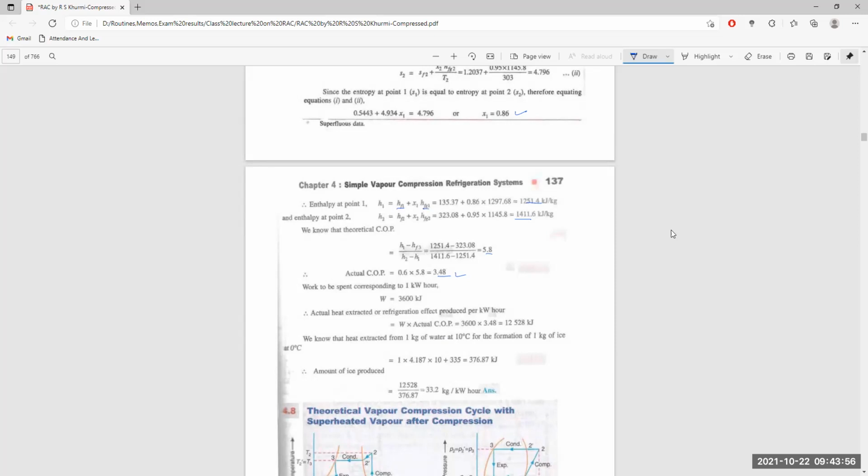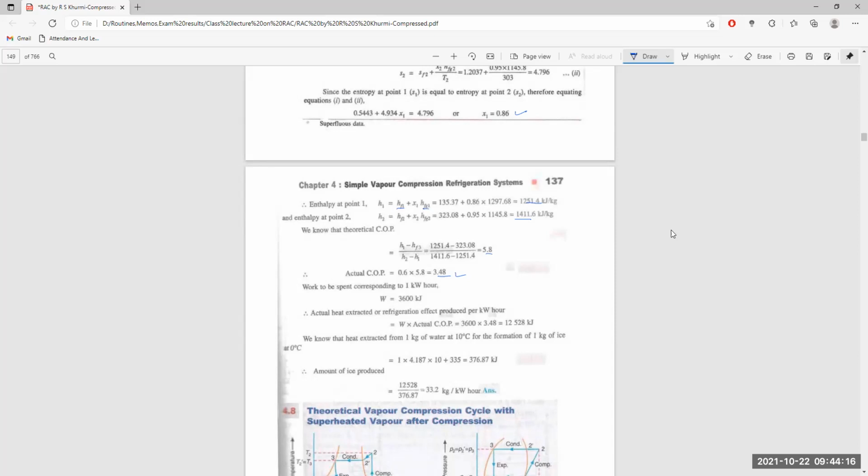If converted into Kelvin, it also remains 10, multiplied by the Cp or specific heat, plus 335 the latent heat. So the amount of heat you are supposed to extract per kg of water is 376.87 kilojoules.